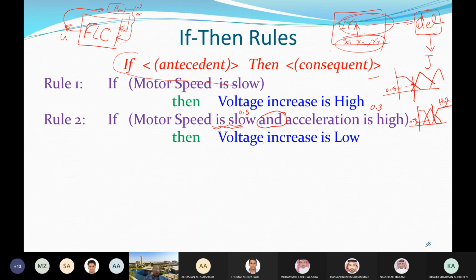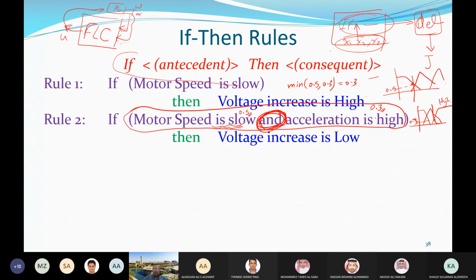In this case we have and, and and means you get the minimum. You have 0.5 and 0.3, so the degree of satisfaction for this antecedent part becomes the minimum of 0.5 and 0.3, so it becomes 0.3.